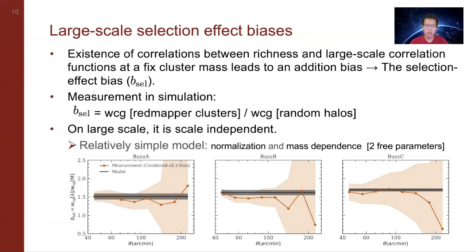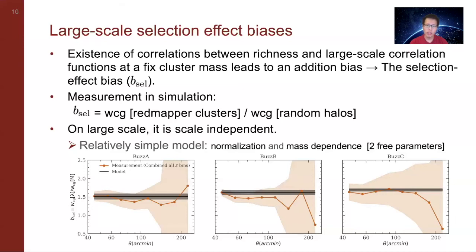And here, the local halo property we have is the richness. The reason why we call this the selection effect bias, not the assembly bias, is because this bias is much larger than the theoretically predicted assembly bias. And we believe that this selection bias is because of the redMaPPer algorithm, not something physical.